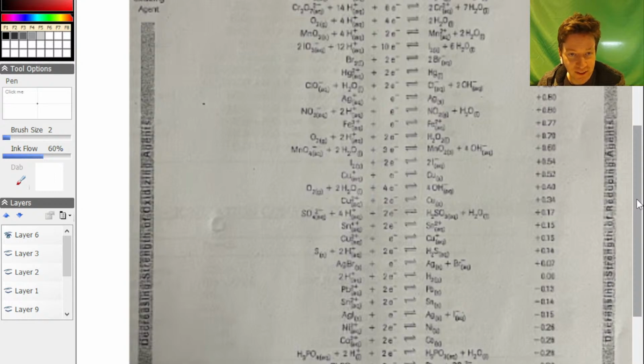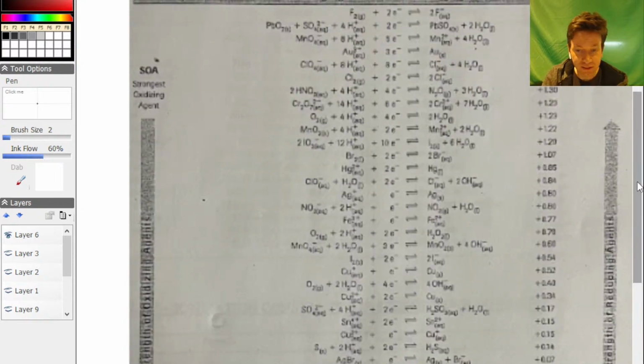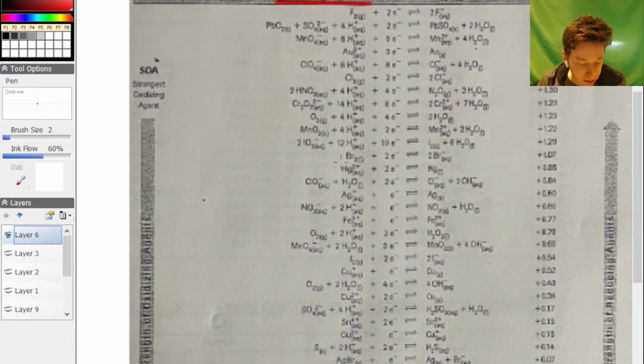So we need to first find our oxidizing agents. So oxidizing agents are over here. Need to be able to select that layer so I can write on it there. So there's our oxidizing agents. And we need to look for bromine. Right there.